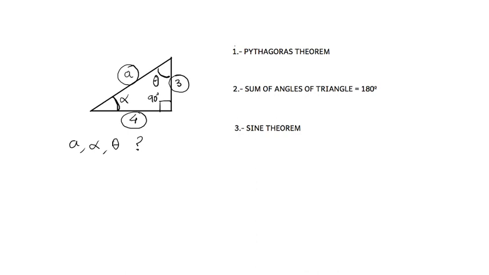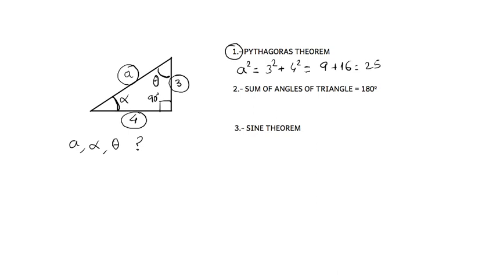The first one, Pythagoras. We just write the equation. The square of the hypotenuse, so A square, equals the sum of the squares of the two other sides. So 3 square plus 4 square. This is equal to 9 plus 16, which is 25.